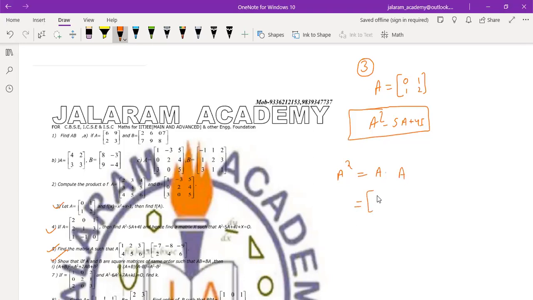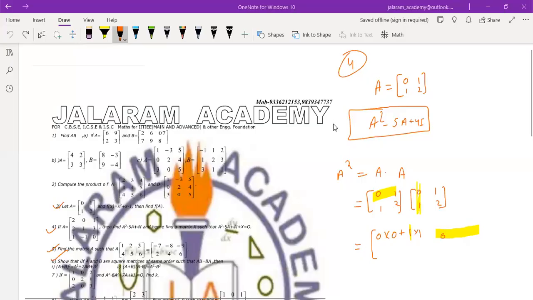That is matrix A 0, 1, 1, 2 into matrix A again 0, 1, 1, 2. So it is equal to then, first element is obtained by first row of first matrix multiplied by first column of second matrix. So 0 into 0 plus 1 into 1.